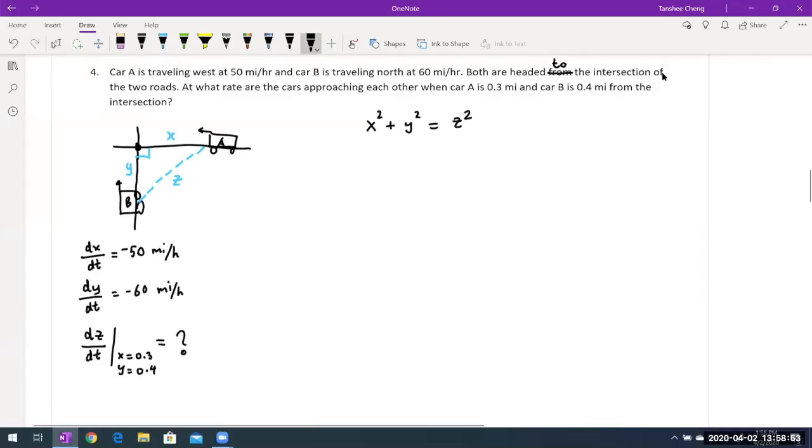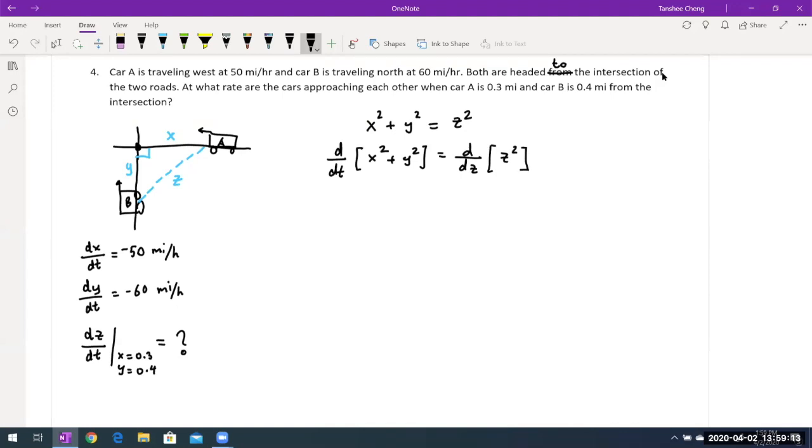So now I'm going to take the derivative with respect to time of the equation on the left-hand side and the right-hand side, so that we can relate the rates of change that we know to find the rate of change that we want.